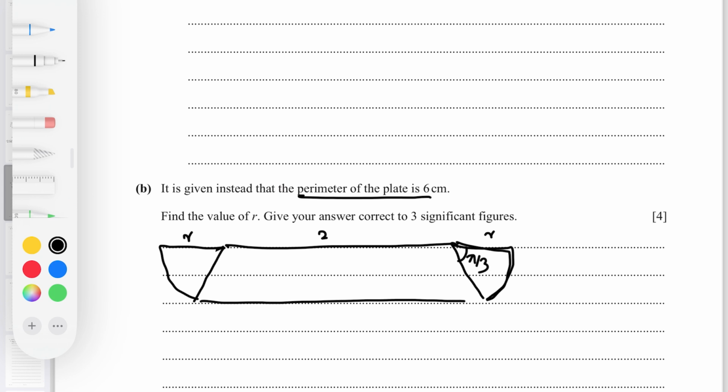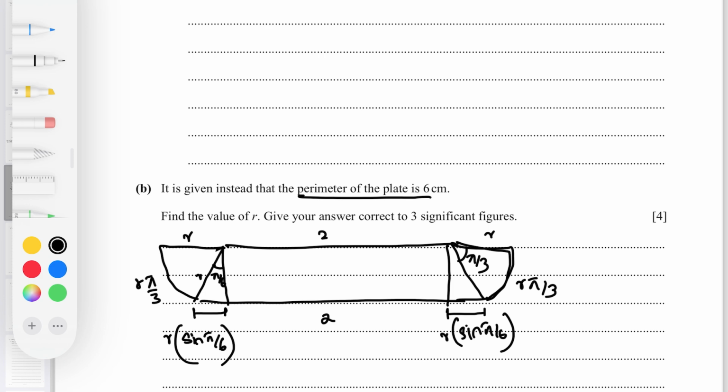This is pi by 3, so this is the arc length, which is going to be r theta. This is 2, this is r theta. And this is pi by 6 and this is r, so this is sine pi by 6 r.